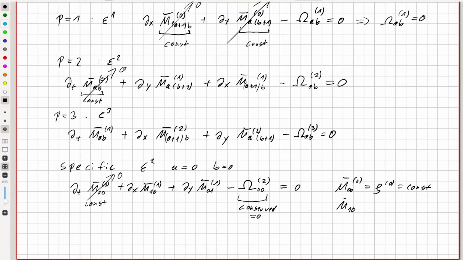We have m 1,0 to now first order. This is rho to zero order and u to first order plus rho to first order and u to zero order. U to zero order is 0. So this rho to first order disappears, and all we have left is rho to zero order times u to first order.